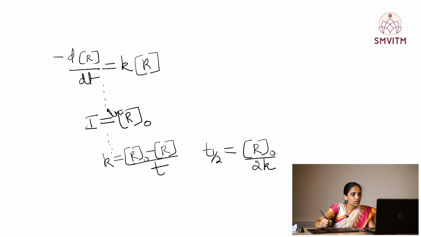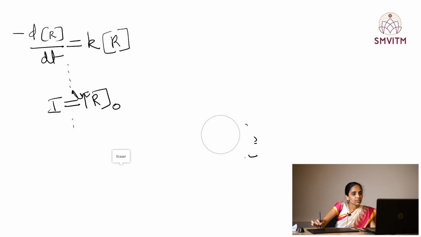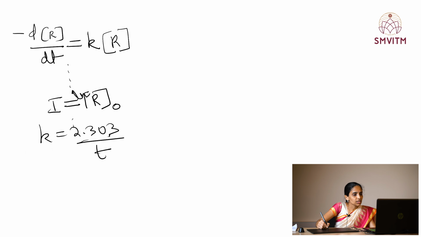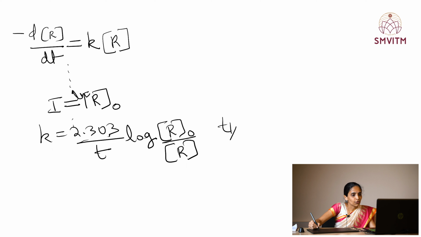I'm sorry, not R, R0. And the final expression will be k is equal to 2.303 divided by t log of [R]0 by [R], and the t half for the first order reaction will be 0.693 by k.